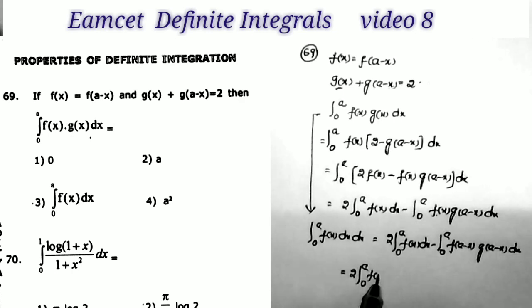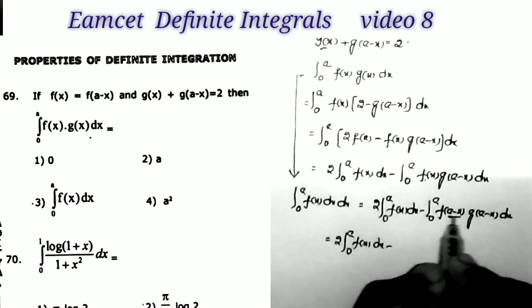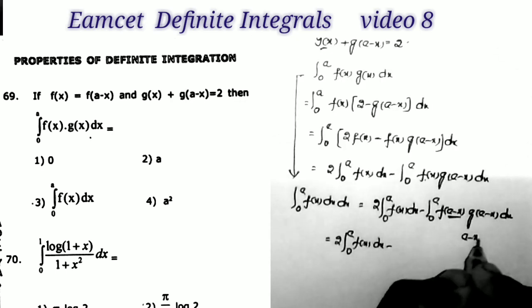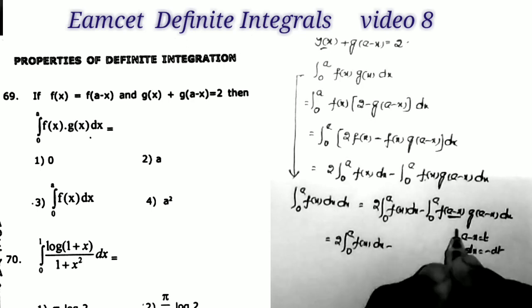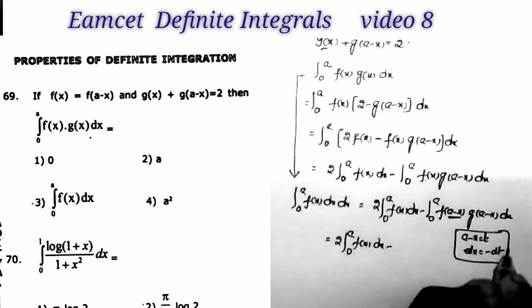Okay, and this is equals to 2 into integral 0 to a f of x into dx minus, now I take here a minus x is equal to t. Okay, a minus x is equal to t means dx is equal to minus dt, of course minus dx is equal to dt, then dx is equal to minus dt.